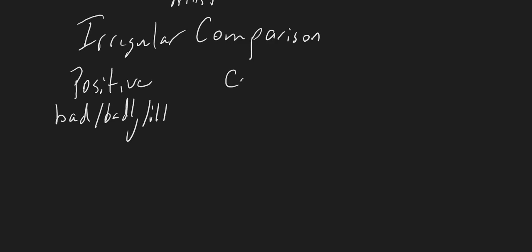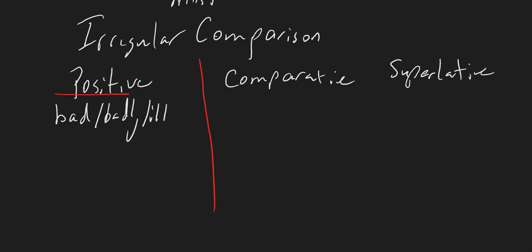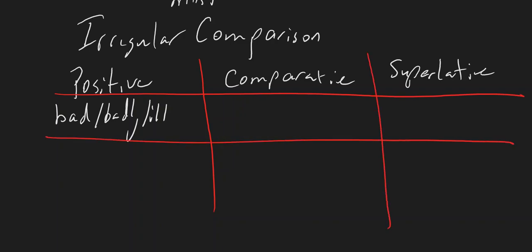Here's the comparative, and here's the superlative. So here's the table. The comparative of bad is not actually badder nor more badly, because it's an irregular comparison. So bad is worse in the comparative and worst in the superlative.